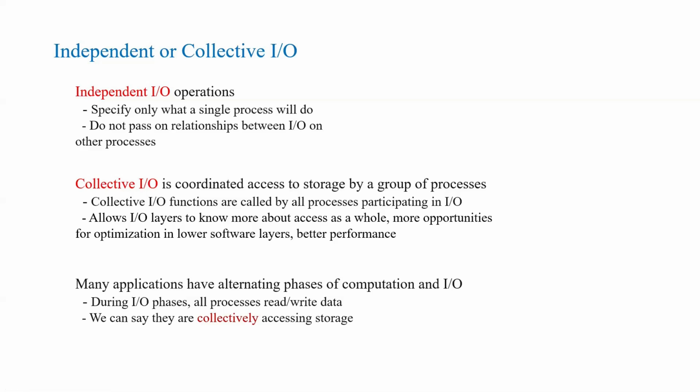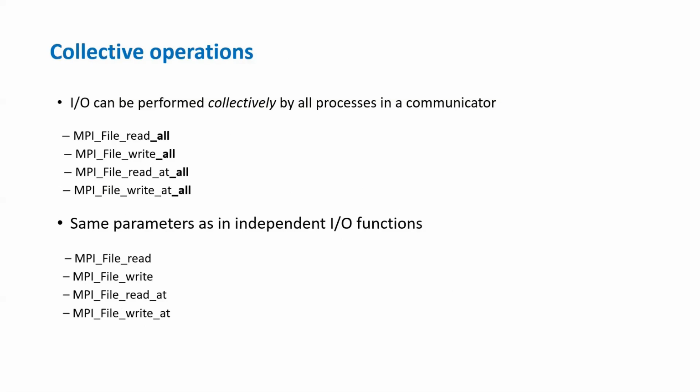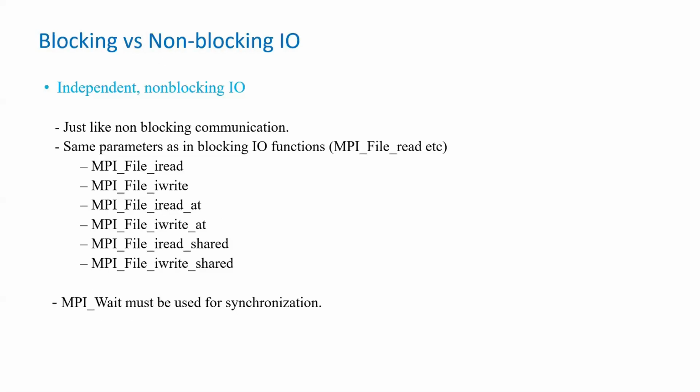Okay. And the collective operations, the function calls are pretty much the same, you just add underscore all. So if you have read and write with underscore all, that means you are doing collective I/O. The others, the individual ones, mean each process does it individually. That's the only difference.